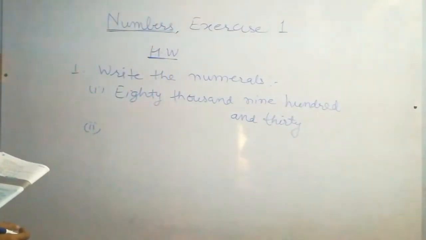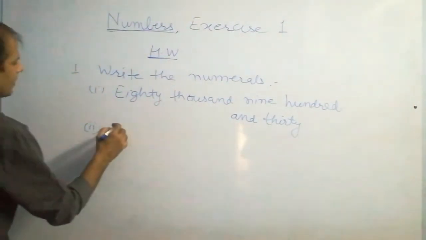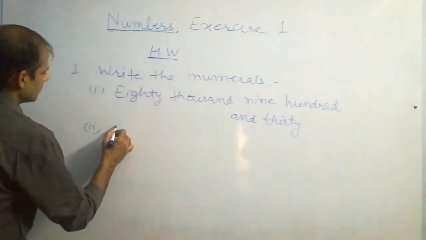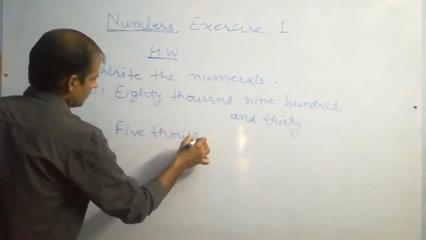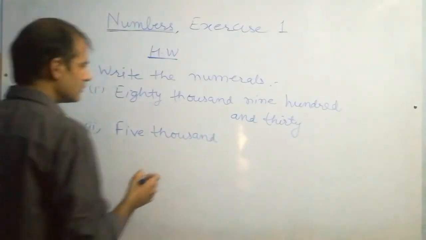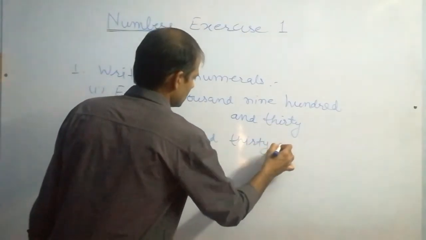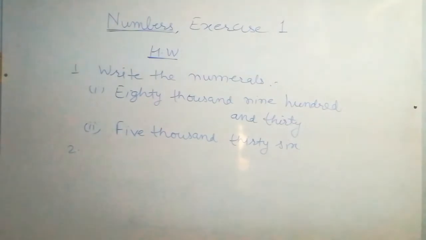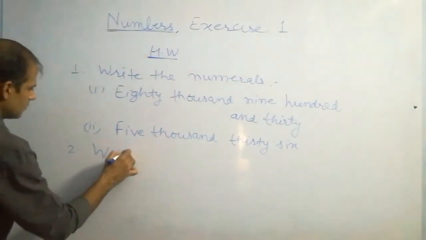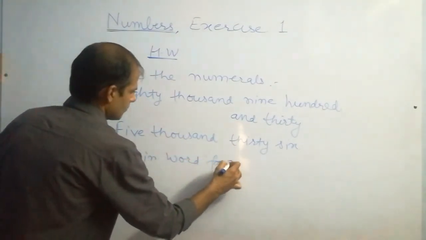Second question is, second is 5,000, 36. Okay, and second question is, write in word form.